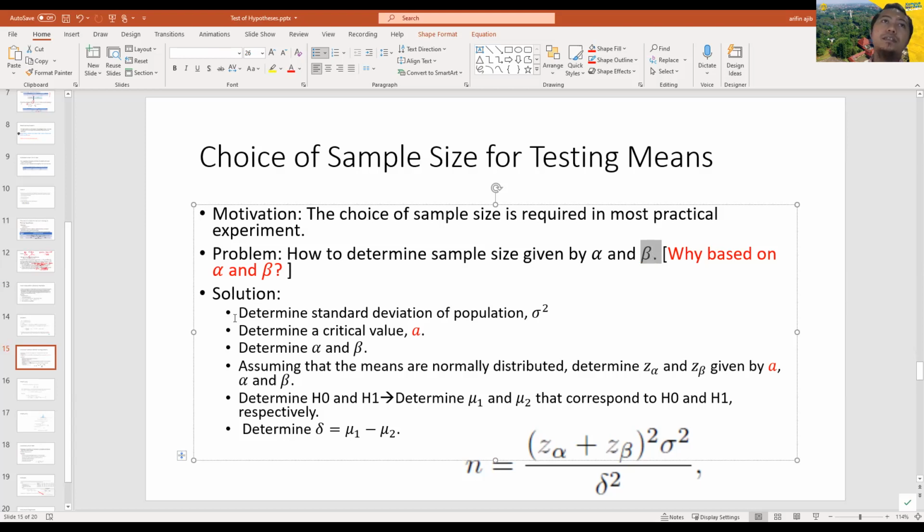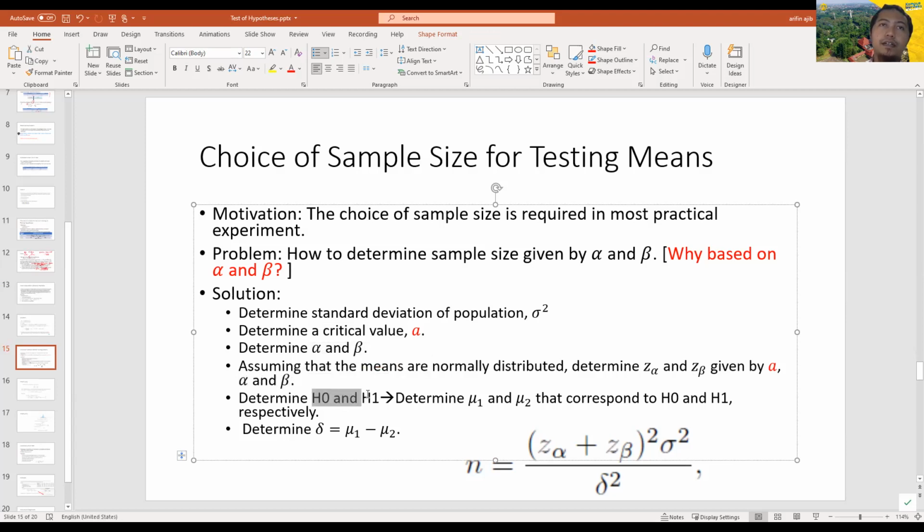Okay, the solution: first, determine the standard deviation of the population. Yes, it should be given. Then determine the critical value. The critical value differs with the significance level. You can see here the critical value A is like a number crossing sections. Then, assuming that the means are normally distributed, determine Z alpha and Z beta given by alpha and beta.